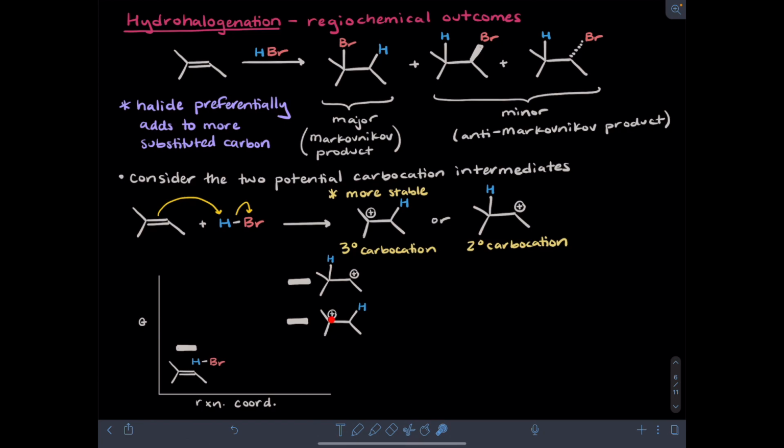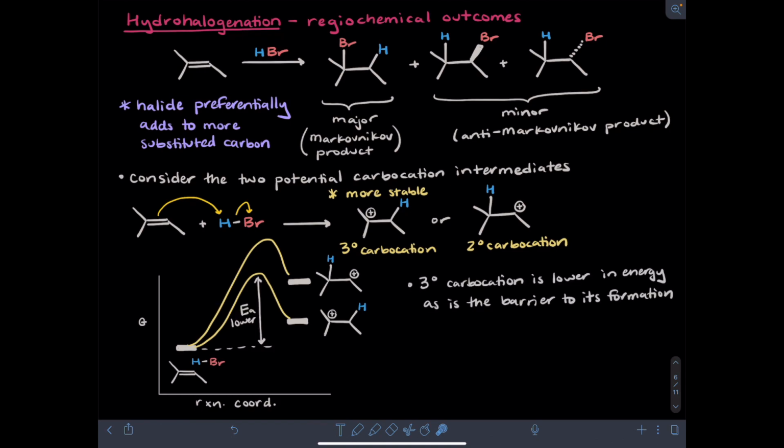The tertiary carbocation is more stable than the secondary carbocation, so I've drawn it as slightly lower in energy. And then we have one barrier between the starting material and each of these carbocation intermediates. The higher the energy of the intermediate, the higher the energy of the barrier needed to get there. So notice that the tertiary carbocation is more stable, but it also has a lower barrier going to its formation.